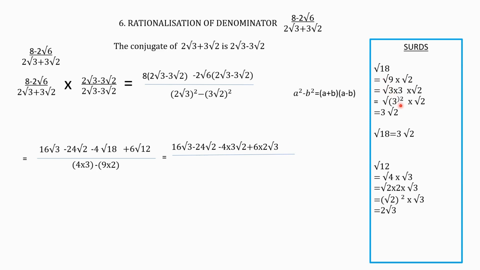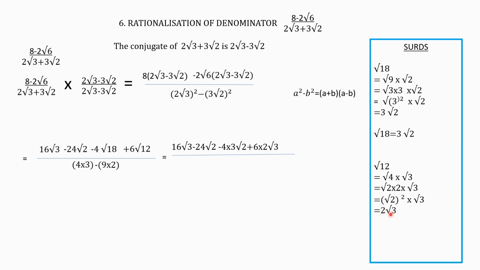Here square and root cancel each other, and we have 3 root 2. Similarly, root 12, we know root 12 as root 4 into root 3. Now, 2 into 2 equals 4, hence 2 square. Here square and root cancel each other, and we have 2 root 3 left with us.